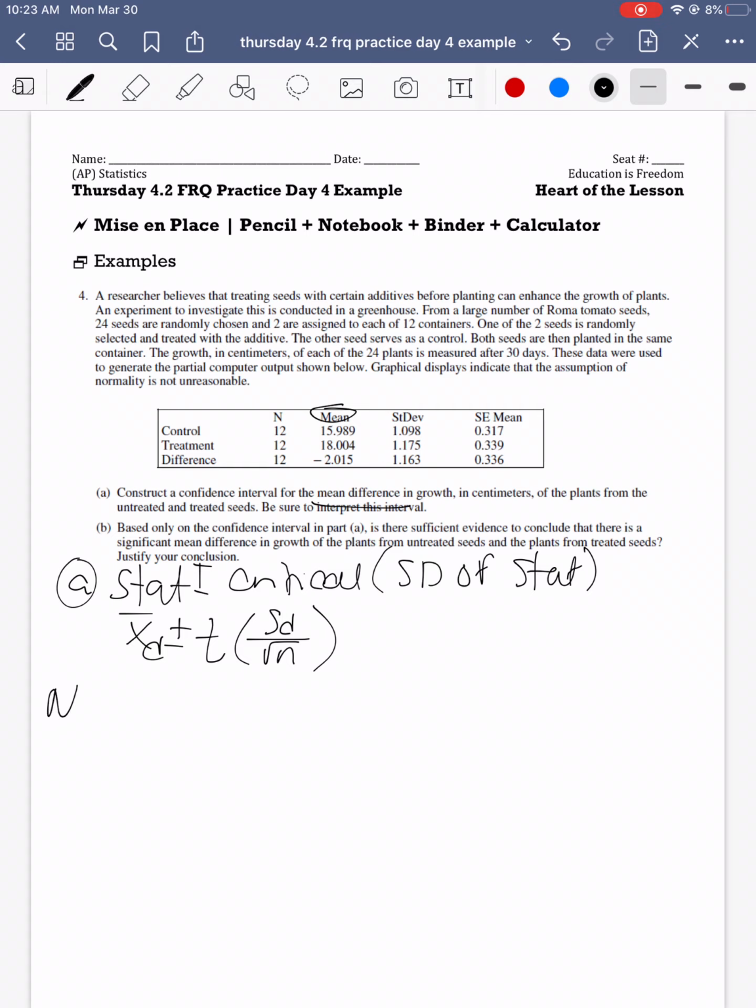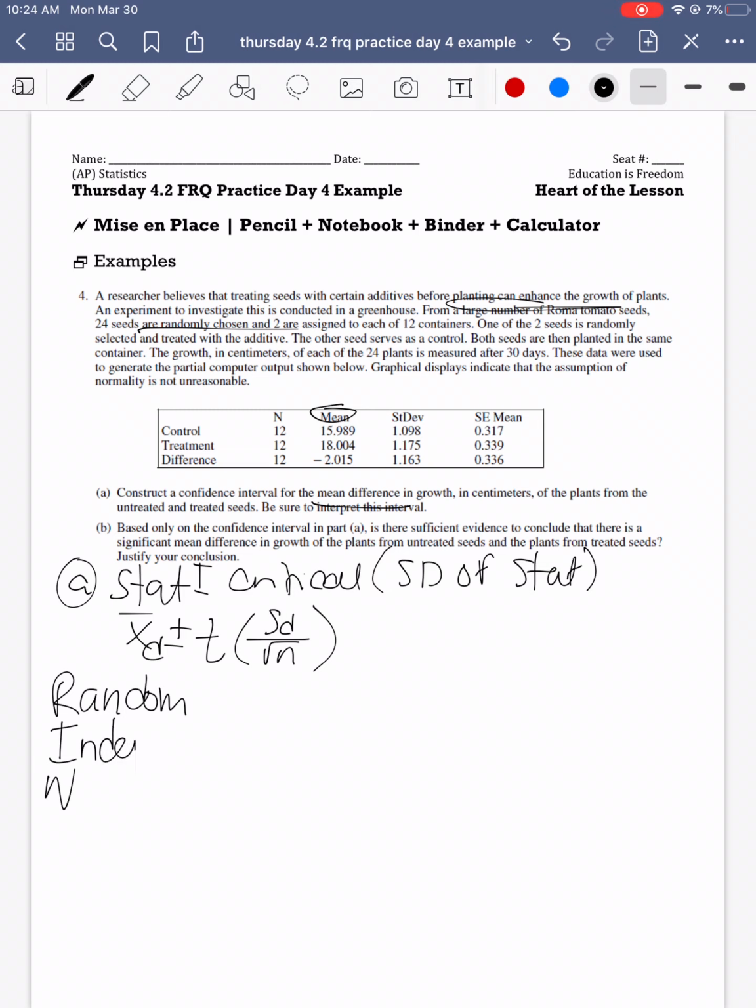So random here, they already say that we've concluded that this is random because they say they choose the seeds randomly. The independence here, it says we come from a large number of Roma tomato seeds, so we have a large population.